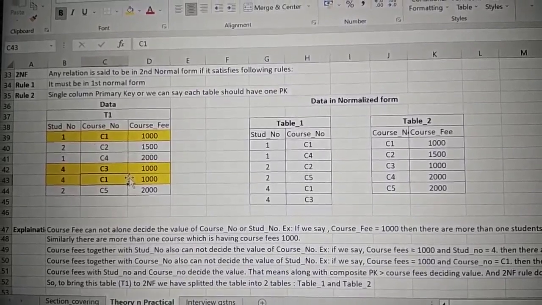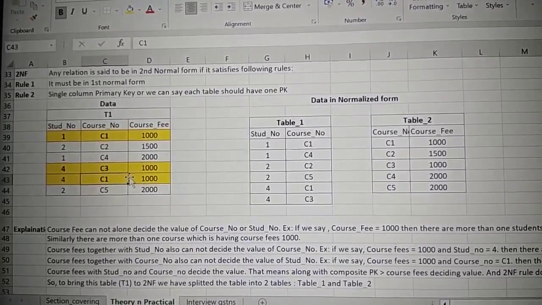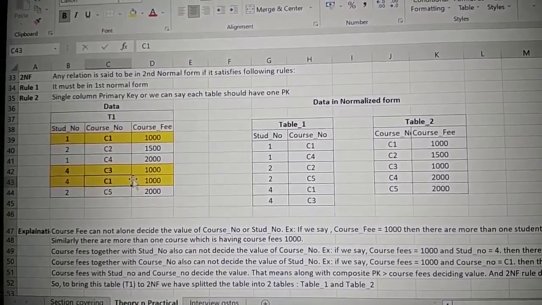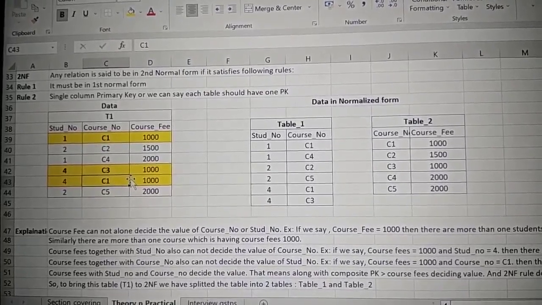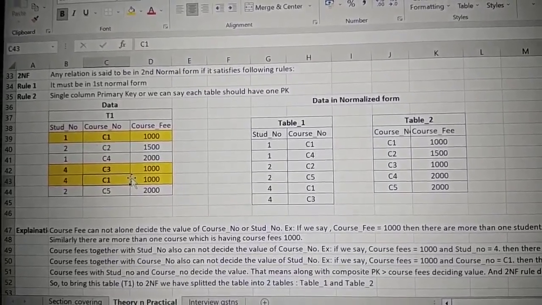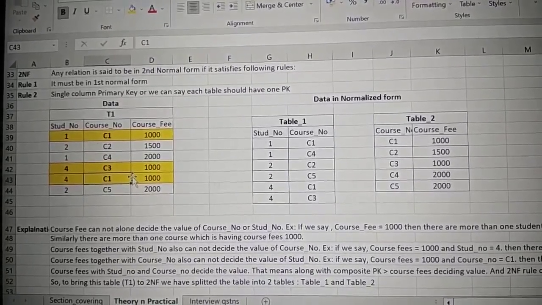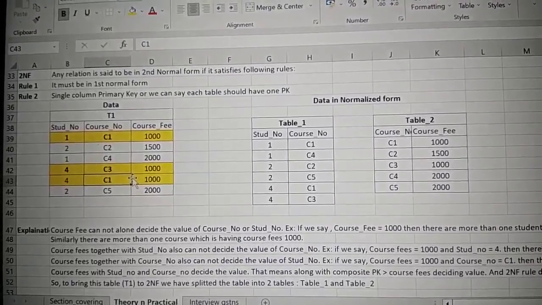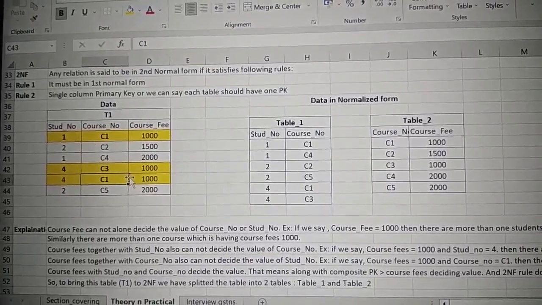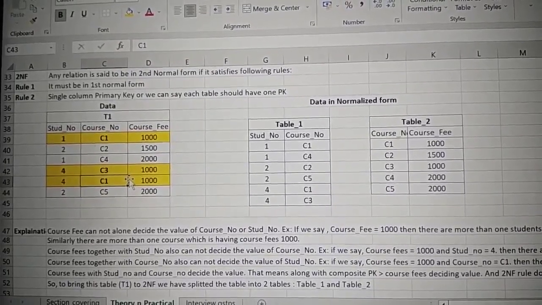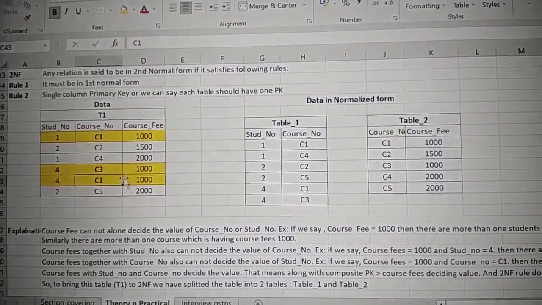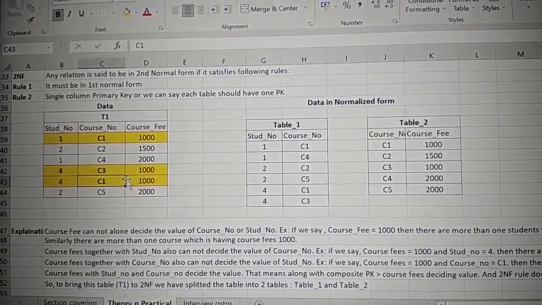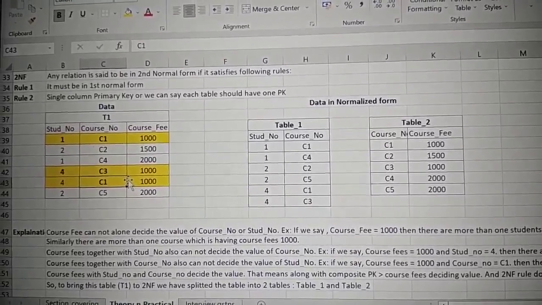If you say course fee 1000 and course number C1, then we have student number 1 and student number 4. So course fee along with student number and course number decides the value. That means it depends upon the composite primary key, and 2NF doesn't allow this. That's the reason we have split the T1 table into two tables, table 1 and table 2.